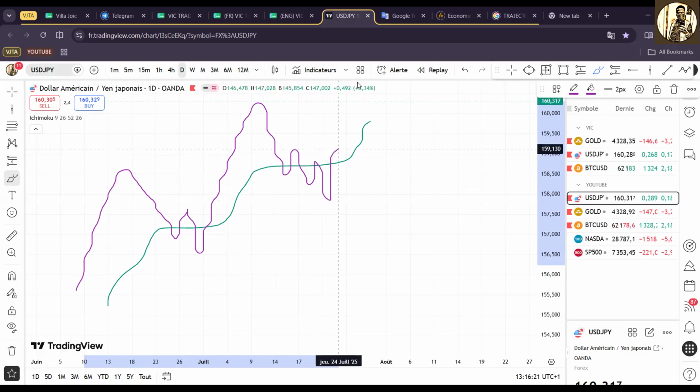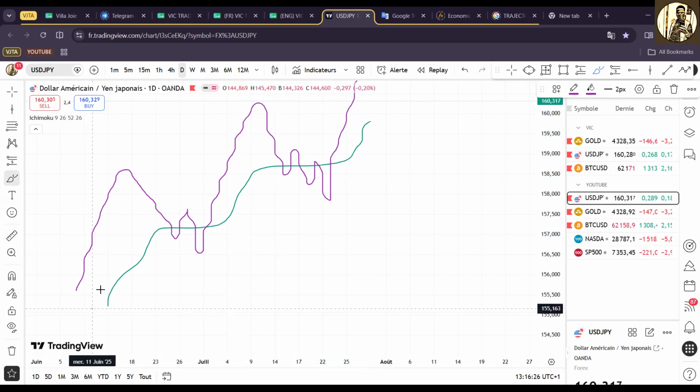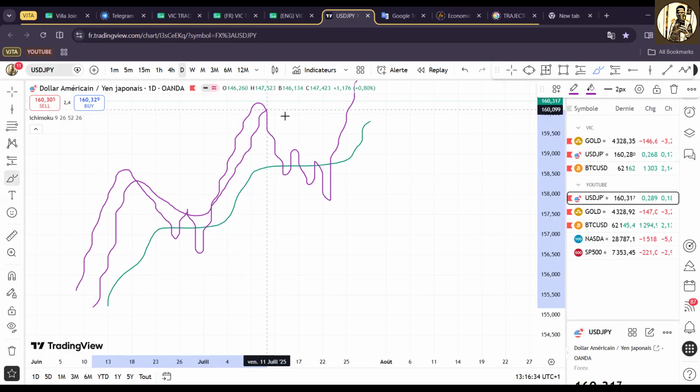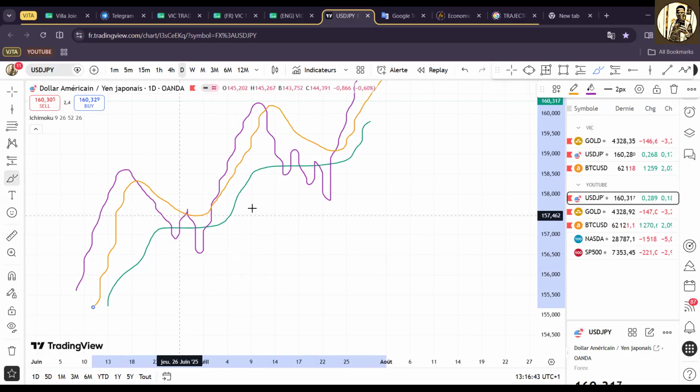Then the price moves to the upside and creates a V breaker. So at that time, Tenkan is basically moving to the upside, then moving down like this. After that, Tenkan moves again to the upside, then down, and then again to the upside. Okay, so that's the type of movement that you have.